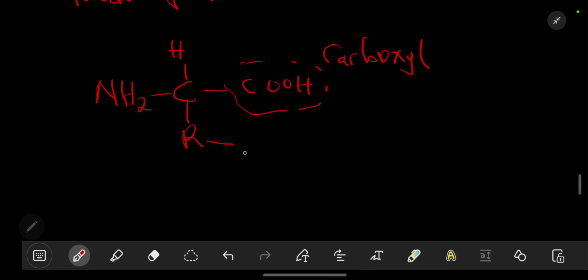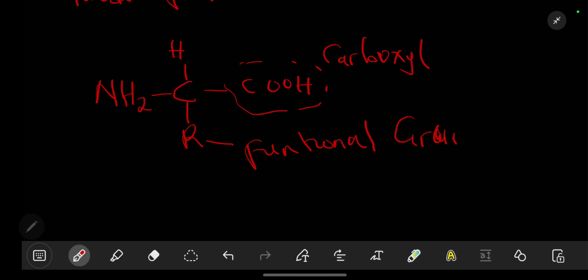We have the functional group, which is the R group. Any amino acid will only be different by R. R could be anything. It could be H in the case of glycine. It could be other things such as CH3 in the case of alanine and all that.